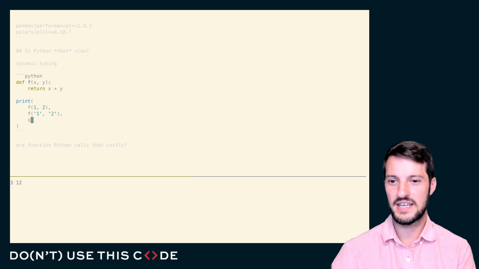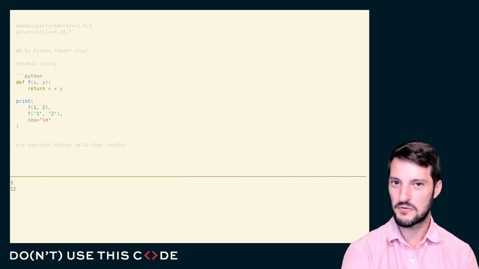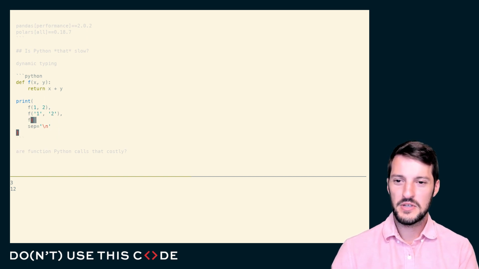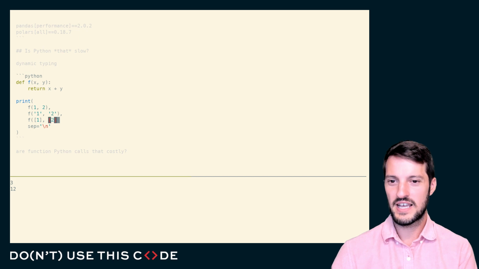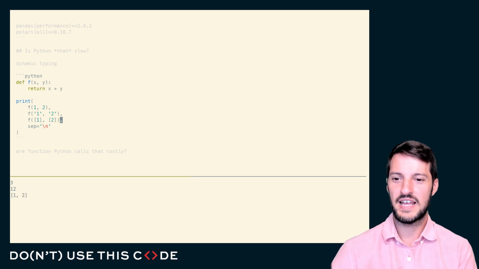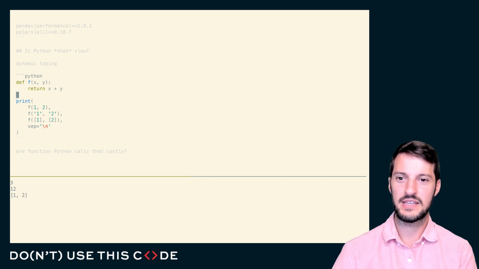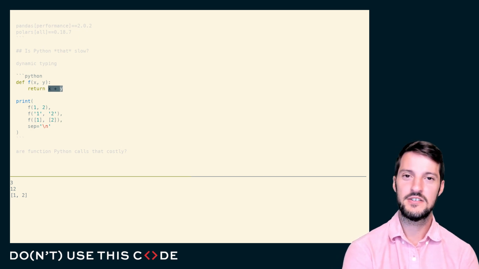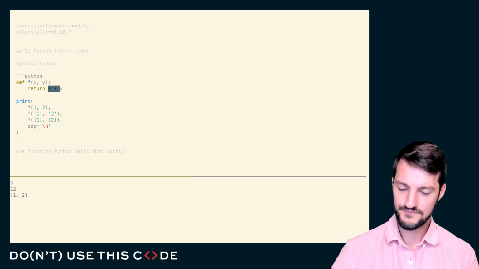And now, instead of getting 3 as my output, I get 12. Well, 12 the string, right? Not 12 the integer. I can go even further though. Instead of using strings, I can use lists. I can use absolutely anything that defines, right, our add, addition, double underscore, or magic method.